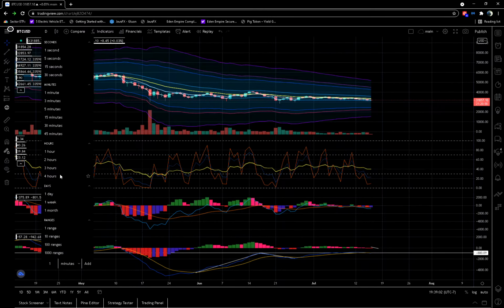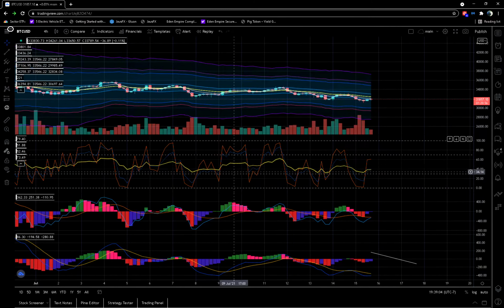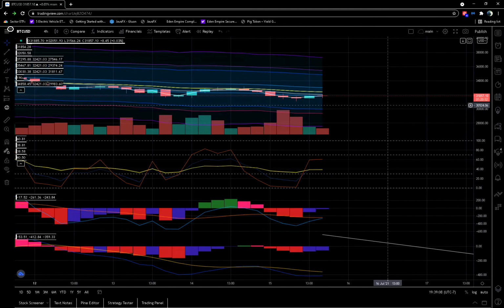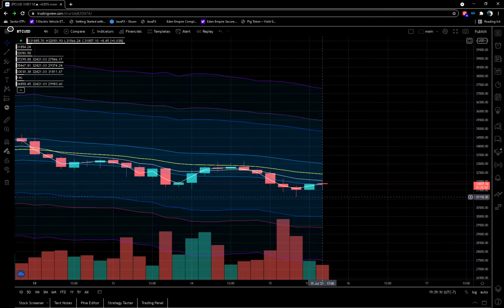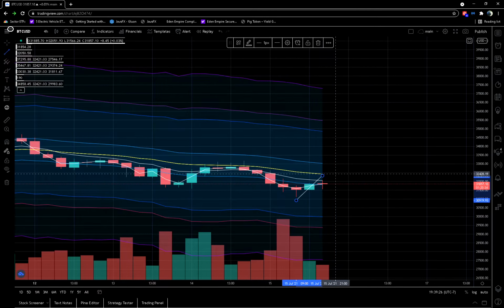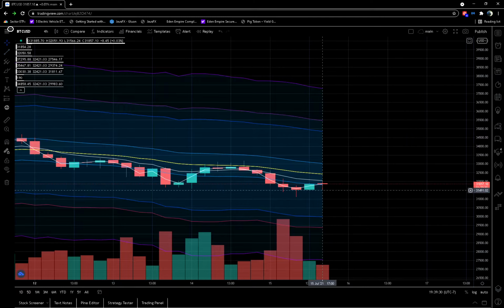So we'll just check the 4 hour. A little bit of change in direction since we had the low earlier today. That was at 12 p.m. New York time where it inflected. Had a little bit of a day trade here, and perhaps we might see a little bit higher if it wants to run, but we do have the red candle starting.